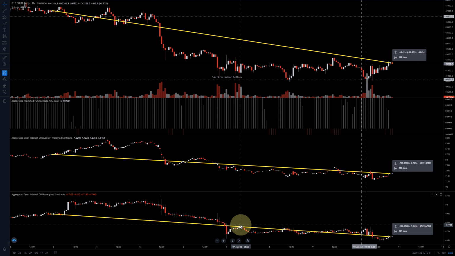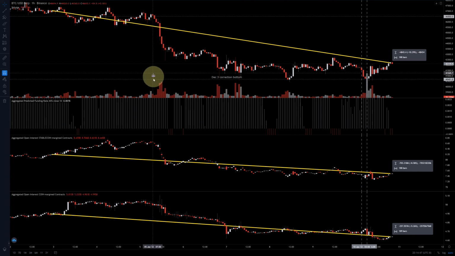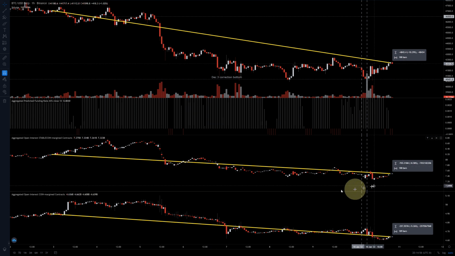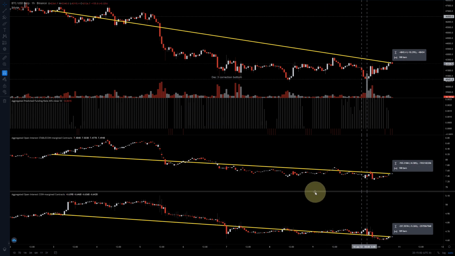Until we have that, I think we're going to continue to see this pattern, and we might see flash crashes here and there, but it's not going to wipe out that much until we have a bigger major flash. We had a crash here with decent volume, but it wasn't enough to wipe out the open interest down here. So I hope that helps.